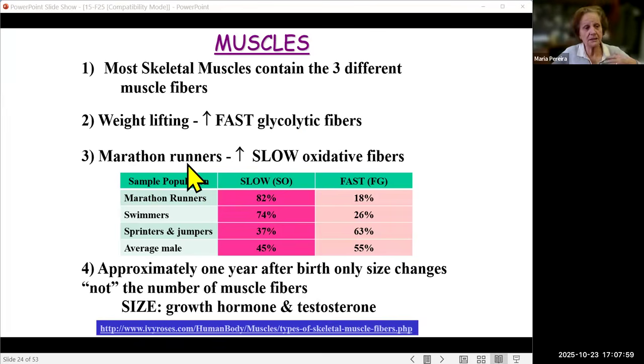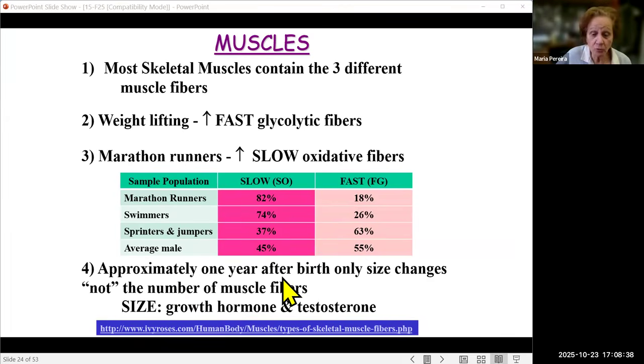Marathon runners, they need fibers that make ATP depending on oxygen and the aerobic mechanism of making ATP. So runners, they will increase the number of slow oxidative fibers. So you can see here marathon runners, swimmers, sprinters, and so on. The ratio of slow versus fast muscle fibers present in these athletes. Okay, this is very, very interesting.